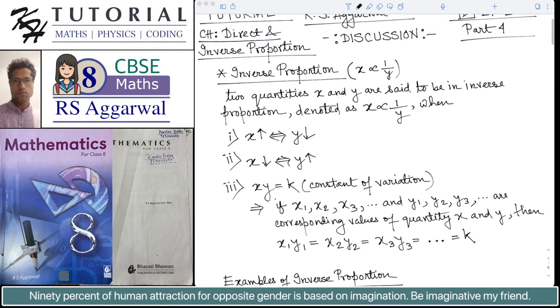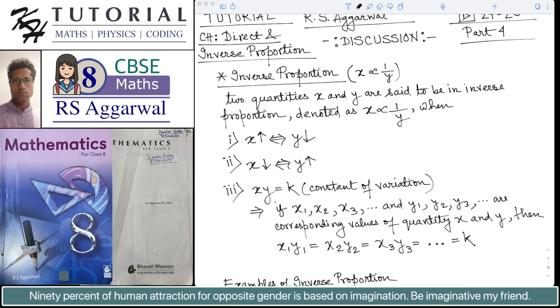What do we mean when we say that two quantities x and y vary inversely? This is the symbol we use. As you know from the previous discussion on direct variation, this symbol is for 'varies'. This is the mathematical symbol to denote that two quantities vary with each other. For direct variation, we used to write x varies directly with y.